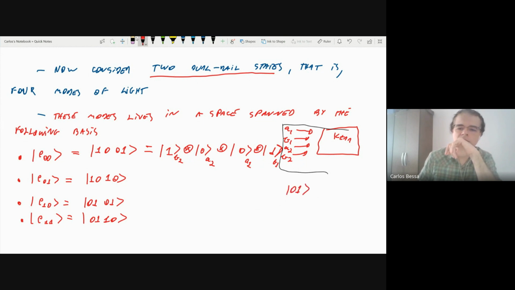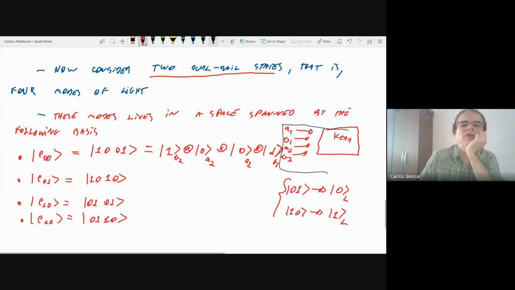This one, we define our logical 0. And this is our logical 1. This was defined a couple of lectures ago. Now he does the same thing for the first couple. So this is the logical 0, but for the second, he flips the terms.